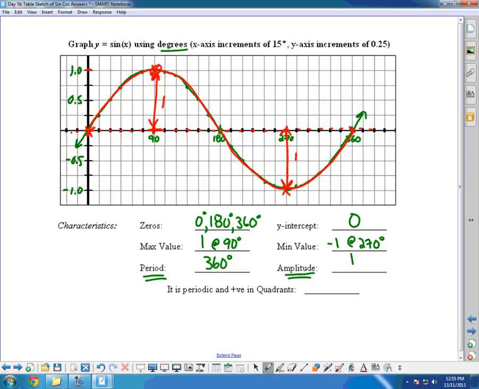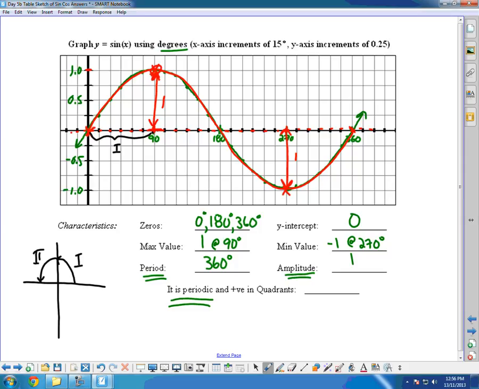We understand that it's periodic, so it's going to continue. And if we look at it and ask in which quadrants it is positive, well, if we were to label quadrants, from here to here is quadrant 1, between 0 and 90. Then we go from 90 to here.